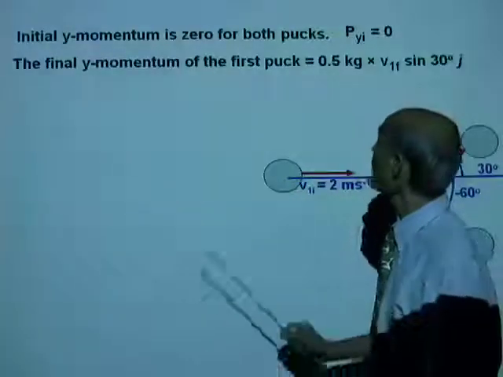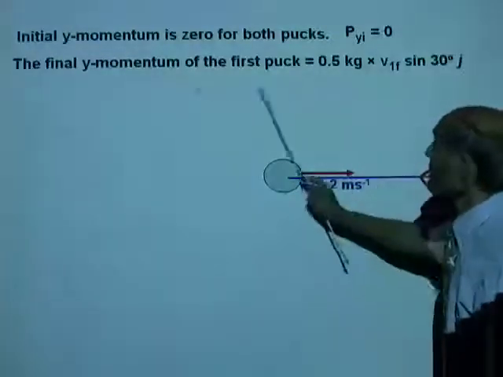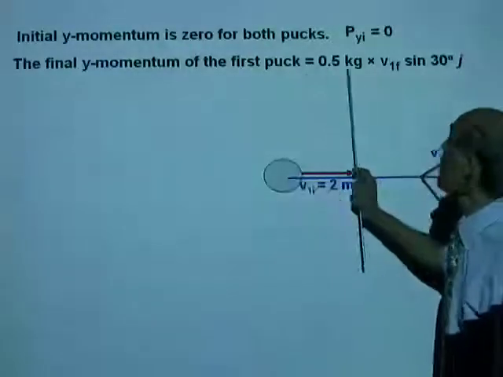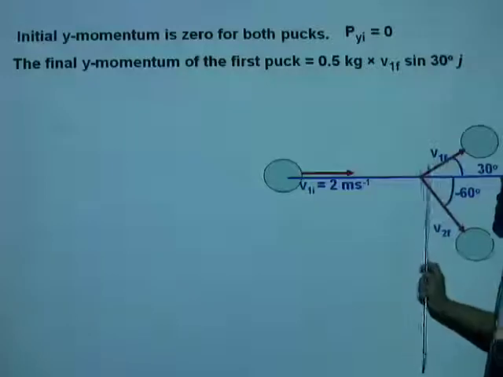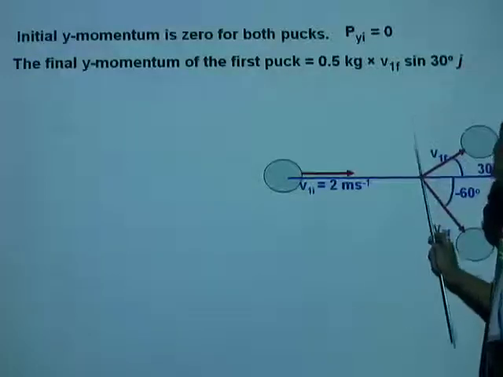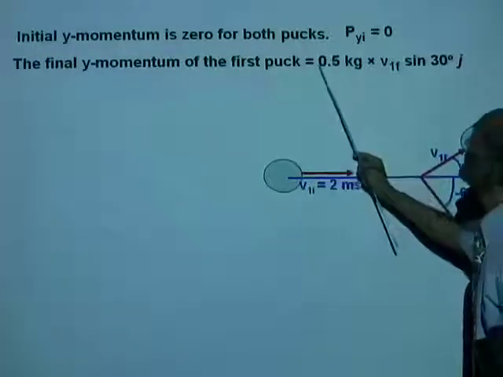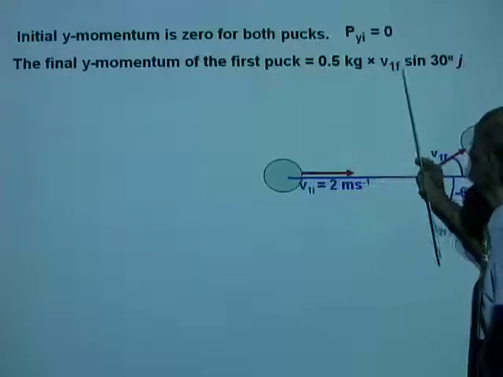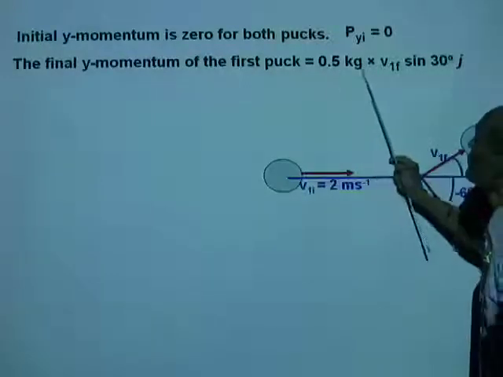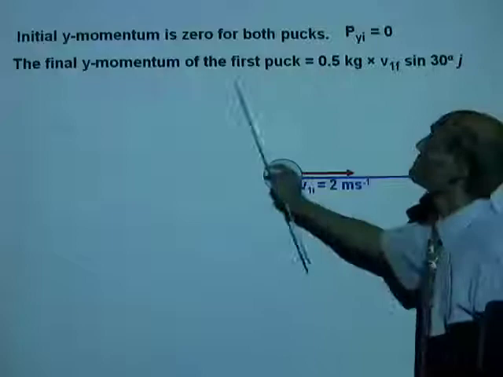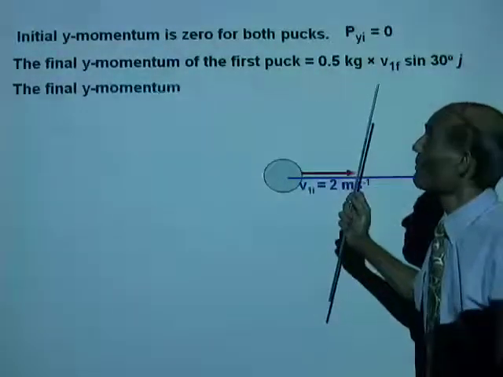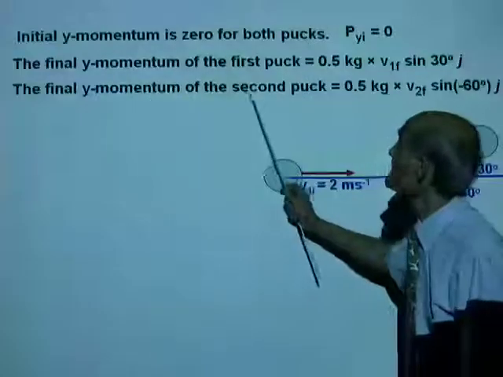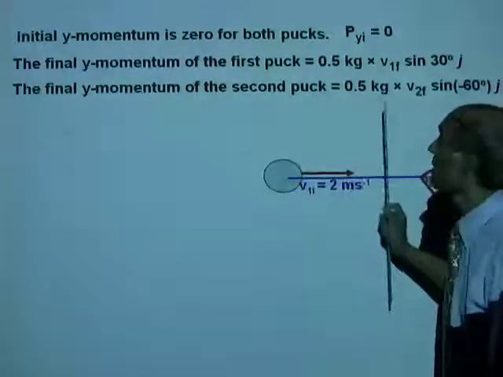What is the final y momentum? The final y momentum of the first puck. What is the y velocity of the first puck? V1F sine 30 degrees. So that will be its mass times its y velocity. This is the y momentum of the first puck after collision. What is the y momentum of the second puck after collision?